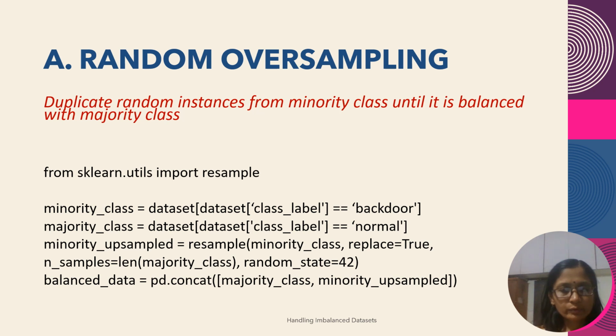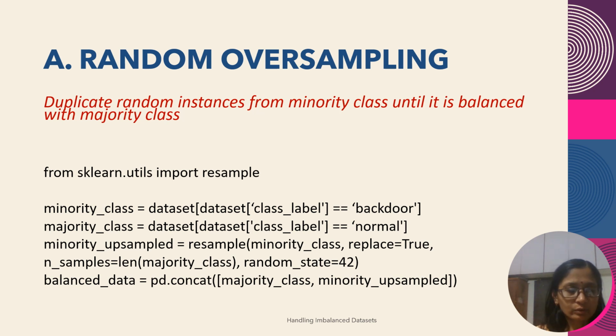Then replace equal to true will help me duplicate the same records. The number of samples is how many records I want, the same as the count of normal. And random state initialized to some number will help me take the same random samples in different runs of the model, so I can compare results.